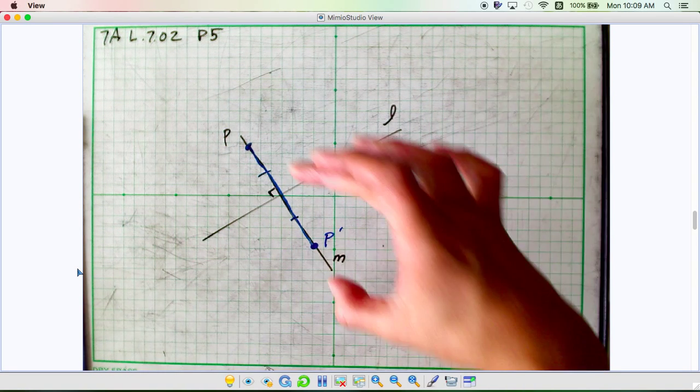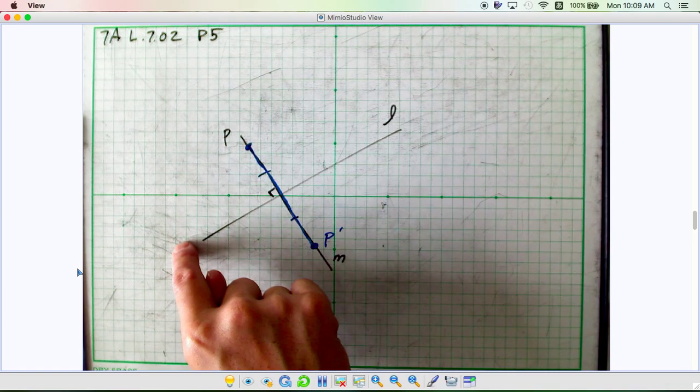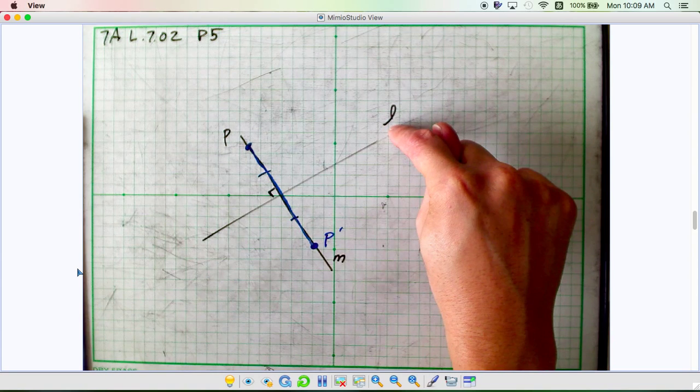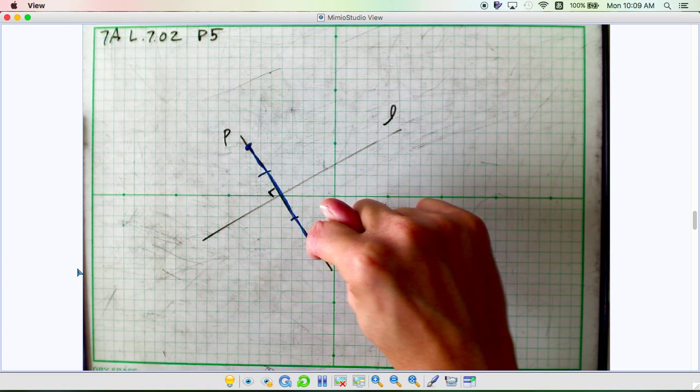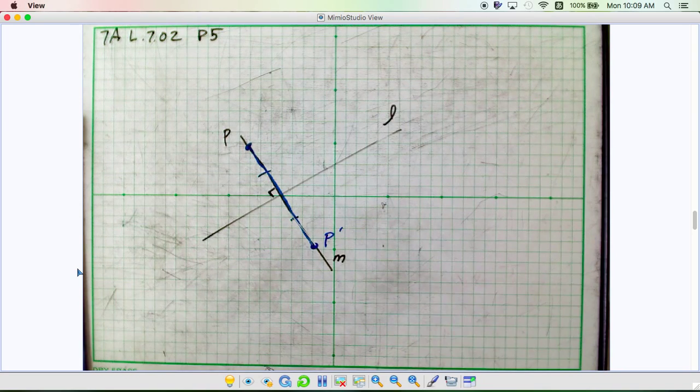The P and P prime have to be split by L into two equal parts, and the point has to be on line M, this line, right? Are there any other points? That sounds very obvious, but that's problem number 5 in lesson 7.02.